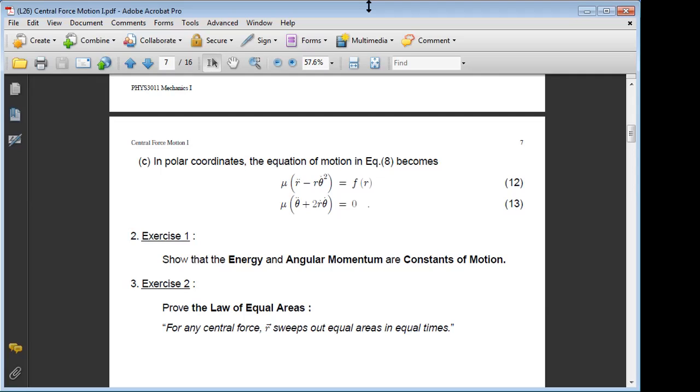Okay. Now, exercise 2, you have to do a little bit of calculation. Prove the law of equal areas.